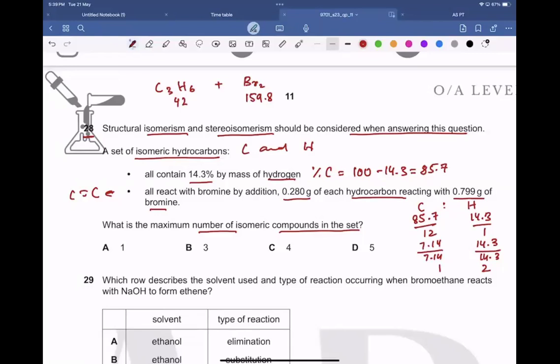So if the hydrocarbon has 0.280 mass, then what could be the value of X? Can anyone calculate the X over here? What can be the X?